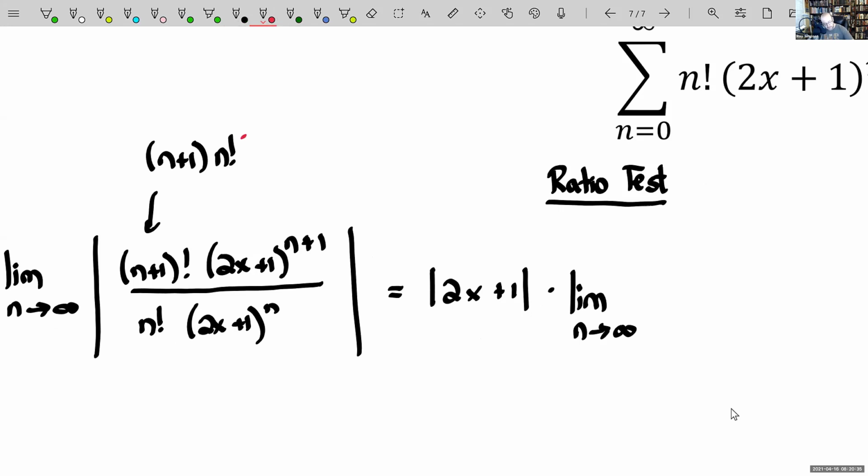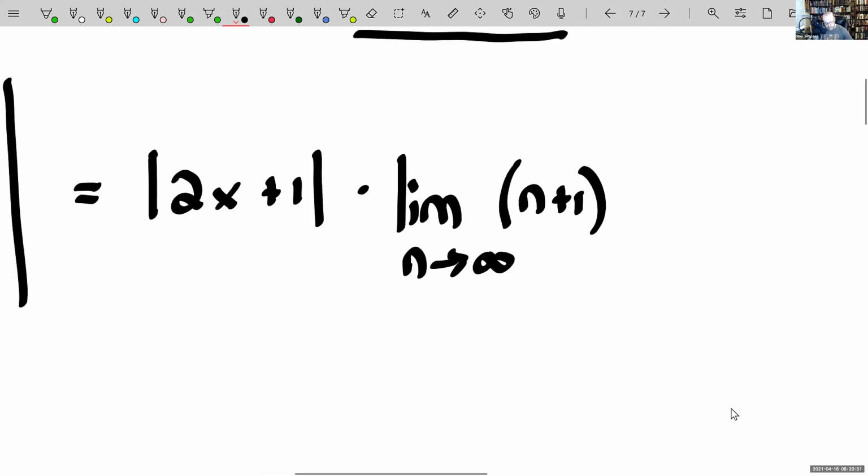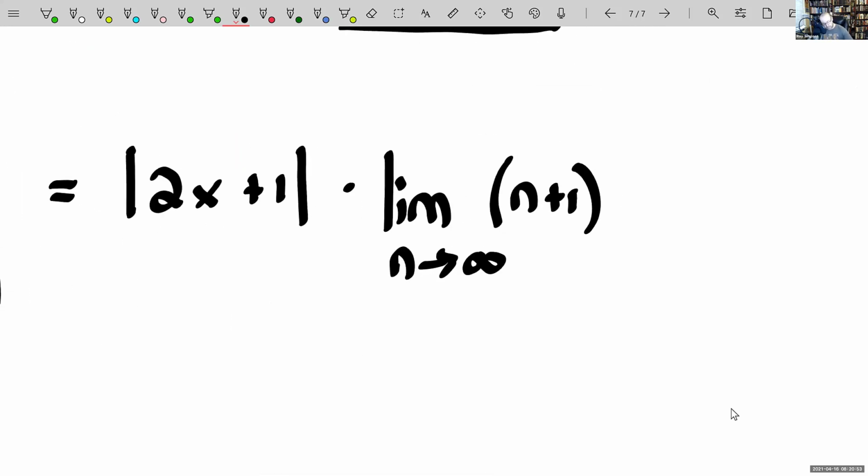And so the n factorials will cancel beautifully. And so we have the limit as n goes to infinity of n plus 1. Now, no matter what x, well, that's not true. For most values of x, this is going to be infinite, right? Because this limit tends to infinity.